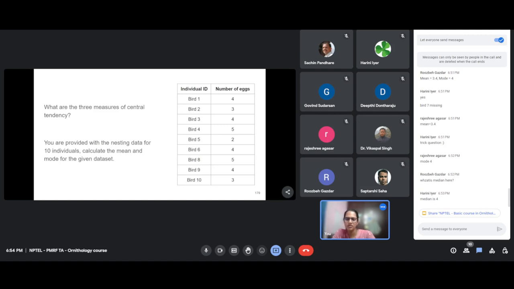Mean calculation data set. Okay, I'm just going to look for a link and pass it on to you. Meanwhile, so you actually look at the middle value.